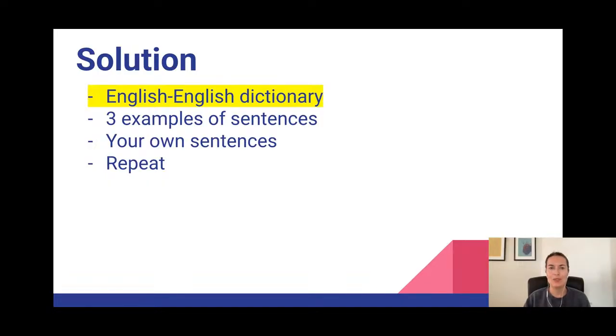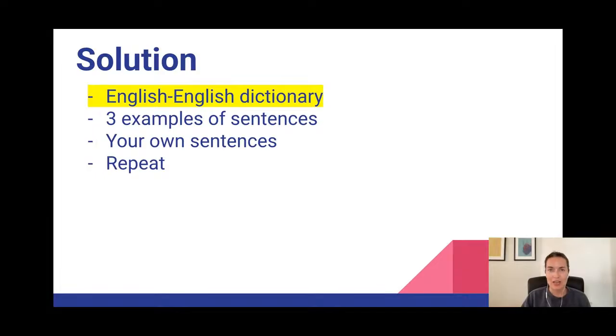Instead, use a monolingual dictionary. For example, the Macmillan Dictionary or the Oxford English Dictionary, it gives you a definition. And that is just a nice way to incorporate a little bit of learning into looking up new words.